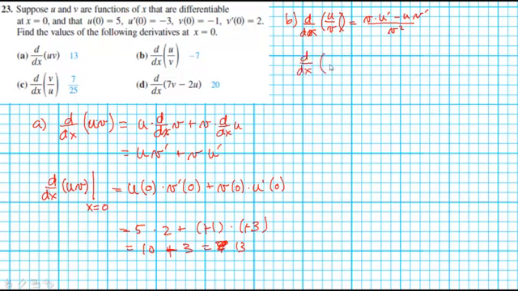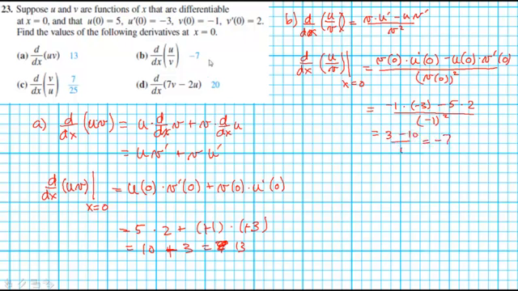The value of this derivative at x equals 0 is going to be v at 0 times u prime at 0 minus u at 0 times v prime at 0, all over v at 0 quantity squared. v at 0 is -1, u prime at 0 is -3, minus u at 0 is 5, times v prime at 0 is 2, and all of that is over v at 0, which is -1 squared, giving us 3 minus 10 over 1, or -7. And that matches the answer.